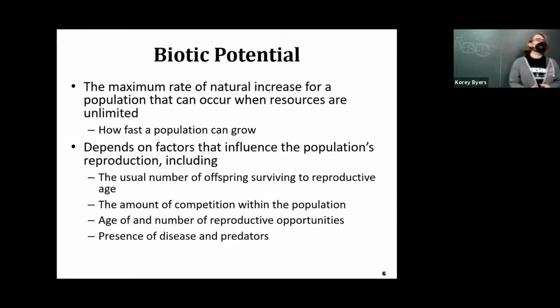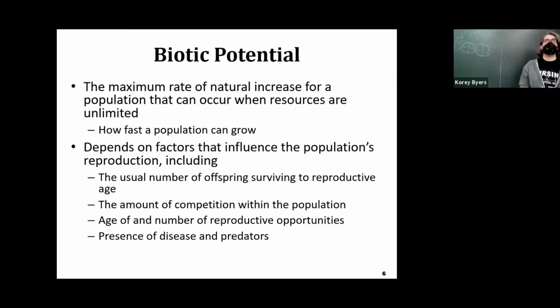If we're looking at an organism and how well they can perform, if we were to imagine that all resources were unlimited and that limiting factors were at a minimum, and we were to have a theoretical number for how fast that population can grow, that would be the biotic potential. The biotic potential is the maximum rate of increase.